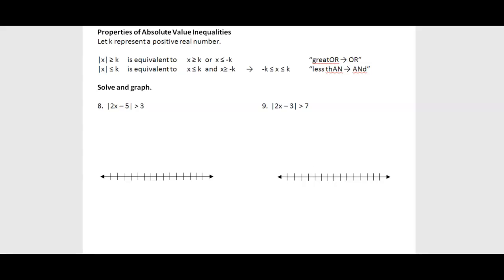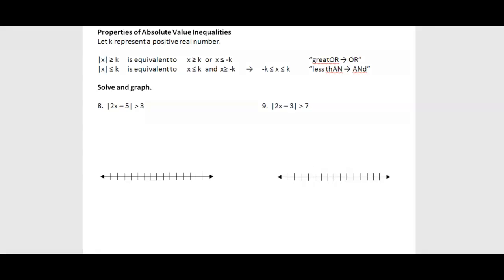So in that first example, we have the absolute value of 2x minus 5 is greater than 3.